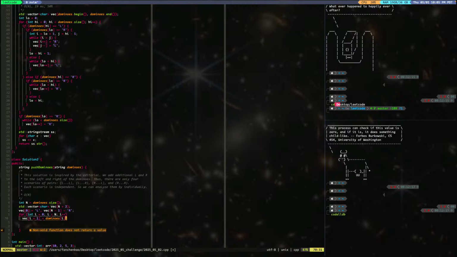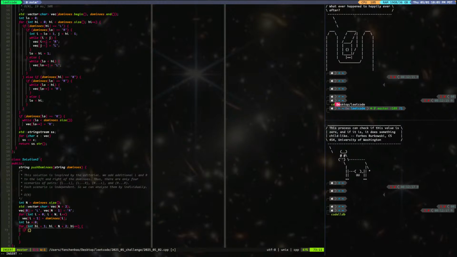Okay, so that's how we do it, and then we are gonna go low and high. Right, we're gonna go low and high. So high is going to start from here, and low start from here, and then we say int low is 0, for int high equal to 1, high is smaller than n plus 2, high plus plus.